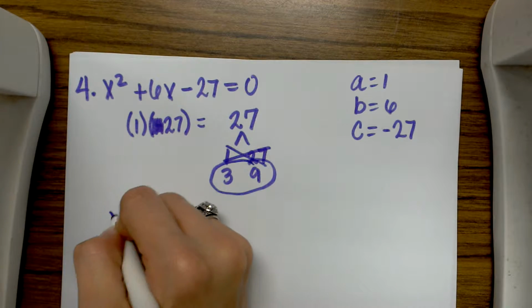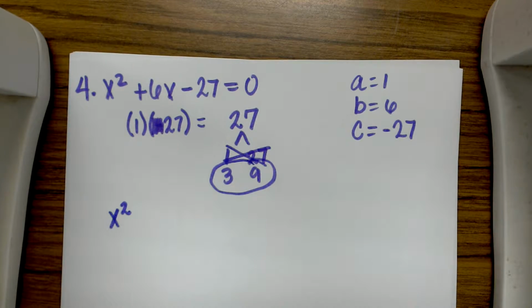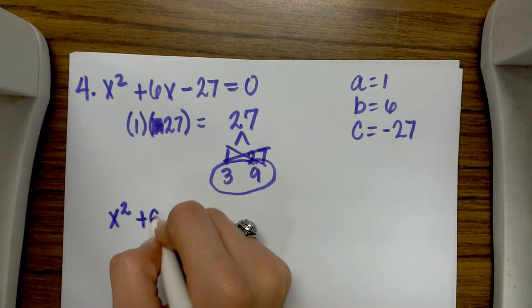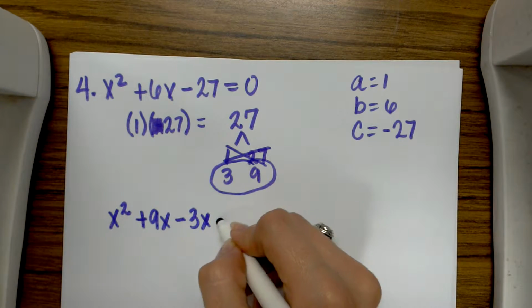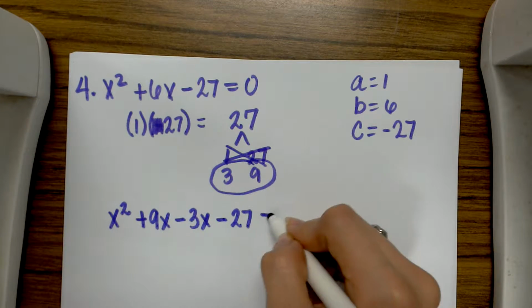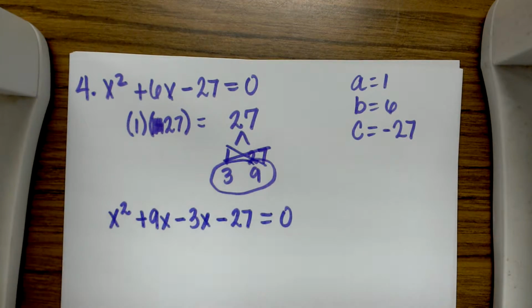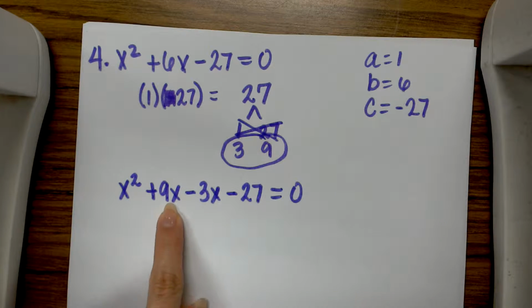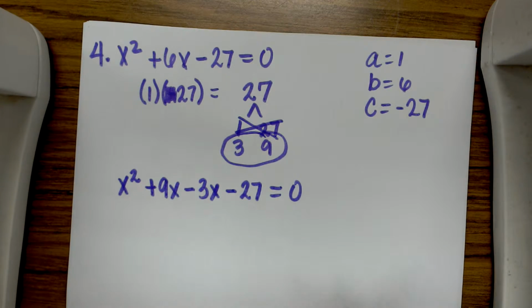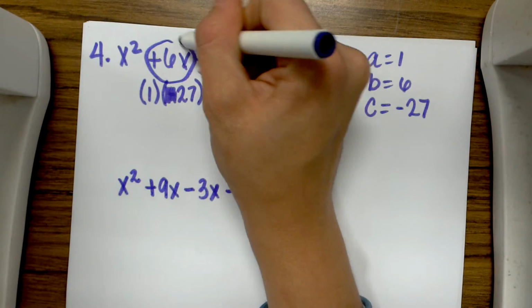So I have x squared plus 9x minus 3x minus 27 is equal to 0. The reason I did it that way is because 9x minus 3x will give you your 6x up here.